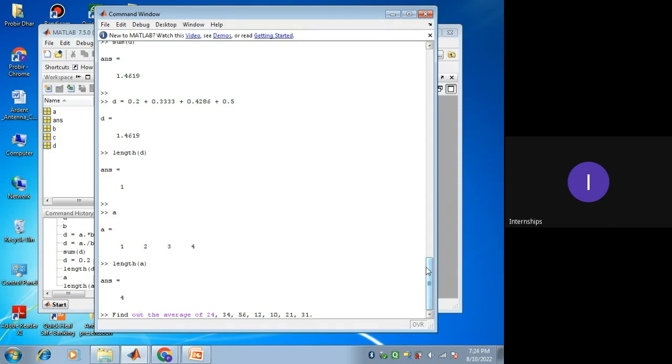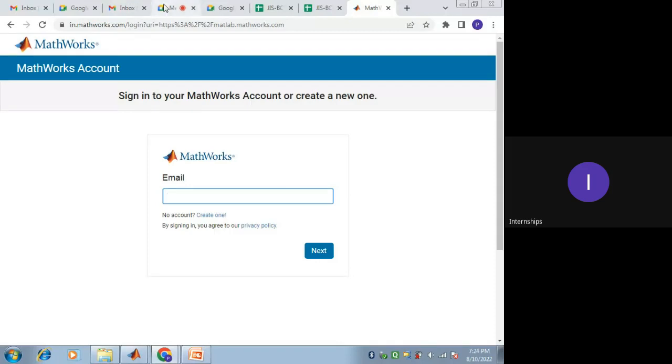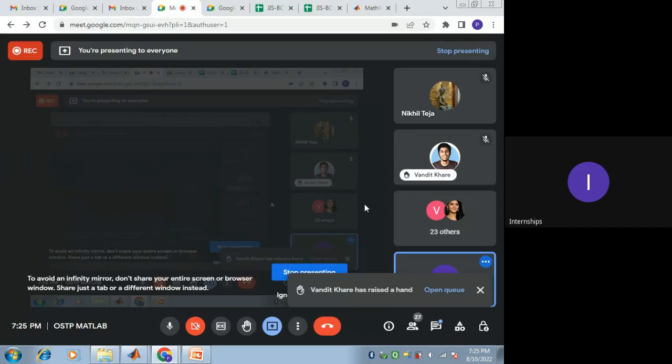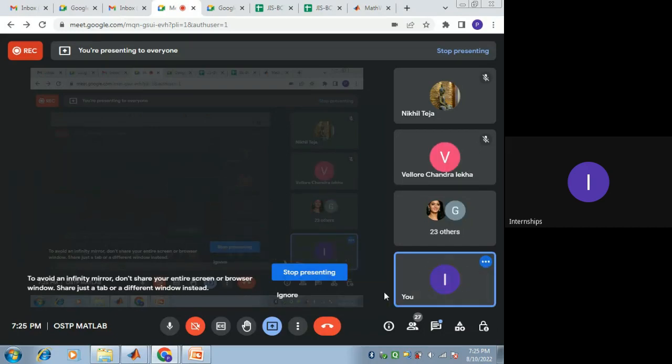And if anyone has solved this one, please show your work. Show the result. If anyone has solved it, please share your screen and show me the result.